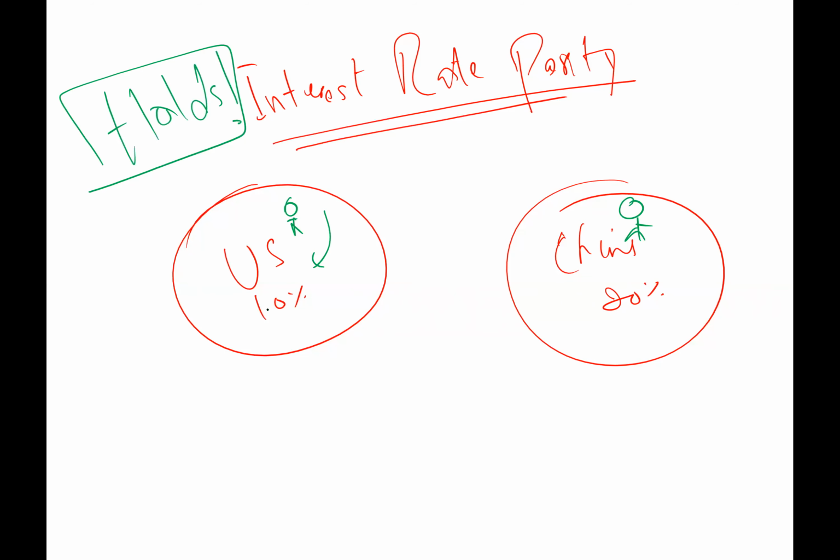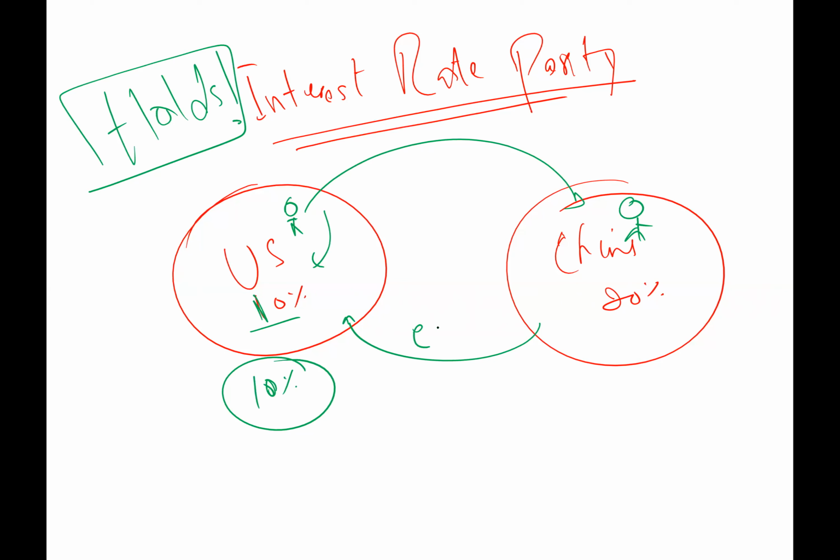If you invest in the US, you end up having a return of 10%. And if you invest in China, when you convert back to the US, you also end up earning 10%. Why is that? Because the currency is going to be depreciated by 10%, right?